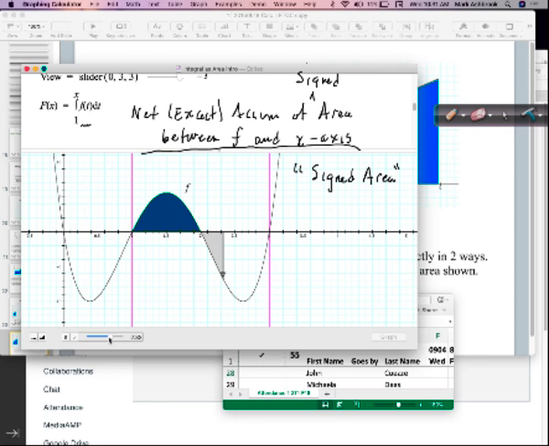The net accumulation of area, signed area, positive or negative? Still positive. What about at 3? Then it's negative, right? Because all this accumulation down here has a negative contribution to the signed area, outweighing this. We'll pick it up here next time.